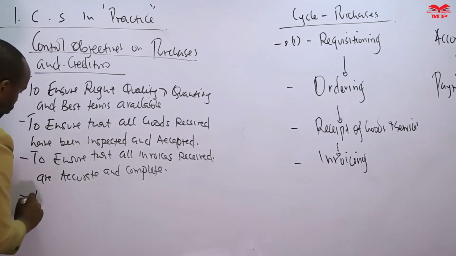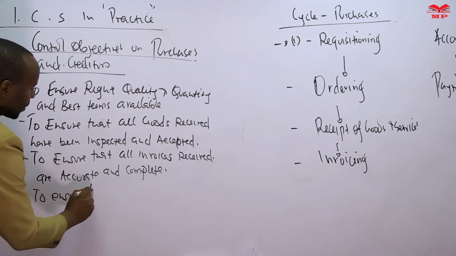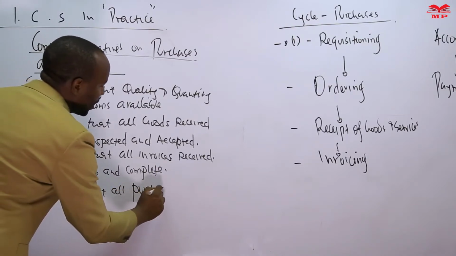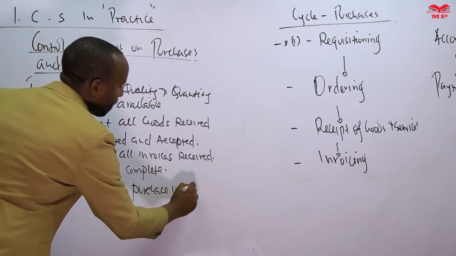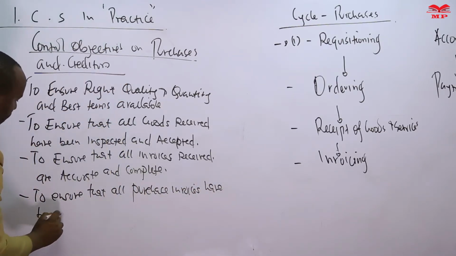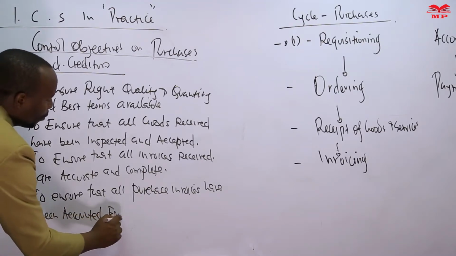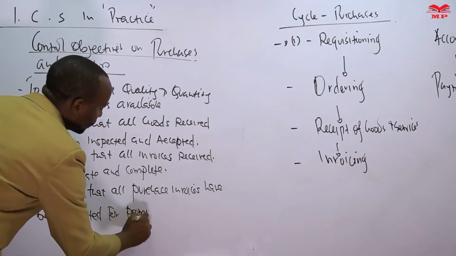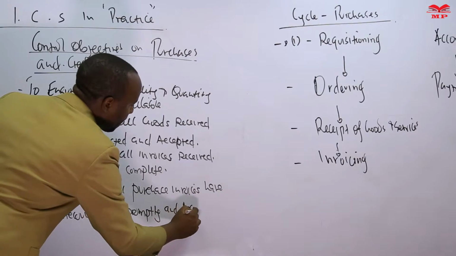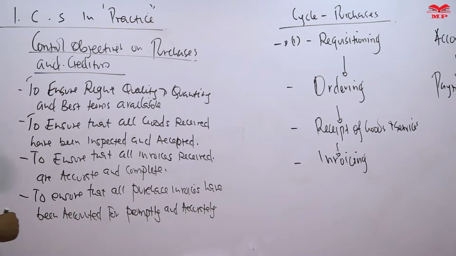We say to ensure that all purchase invoices have been accounted for promptly and accurately. That becomes my objective number 4.